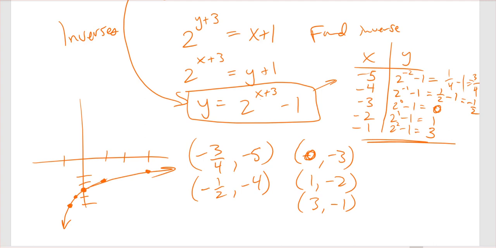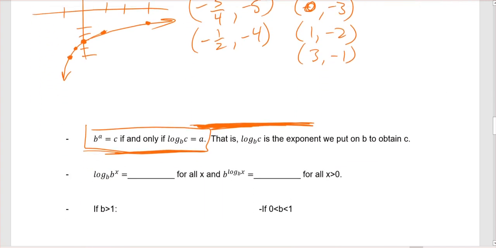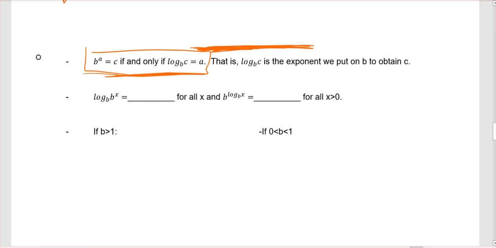Because, I don't know, somehow the exponential functions are easier to deal with than logarithmic functions. Okay, good. So next comes some tricks that we can do. This thing here, let's think about this in words. That's an exponent, right?